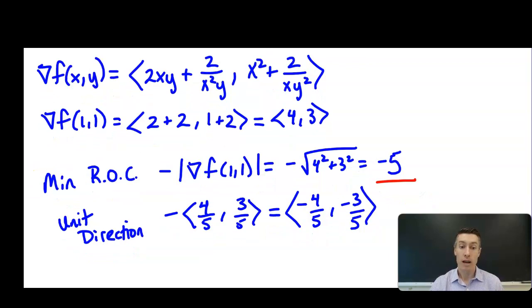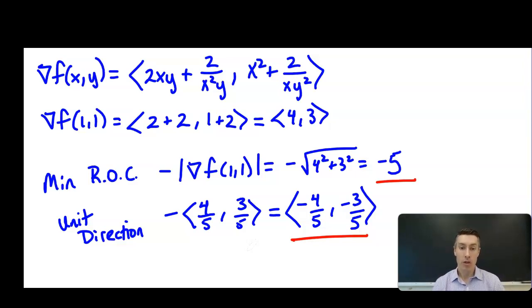And then the unit direction we would want to move in is the negation of the unit vector in the direction of the gradient. So 4/5, 3/5 is the unit vector in the direction of the gradient. So negating that, -4/5, -3/5.